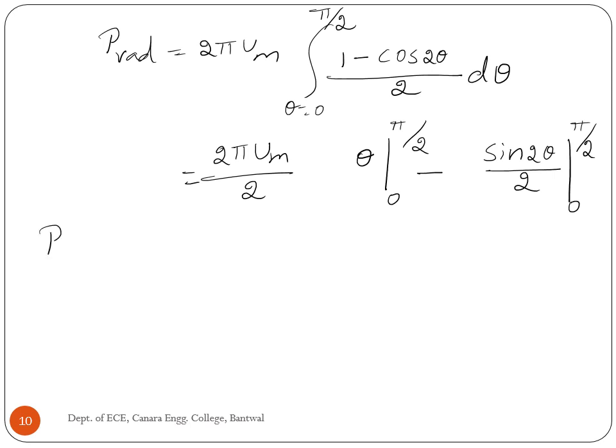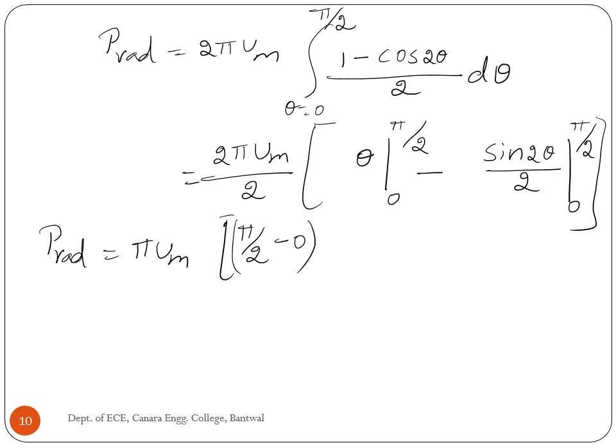So radiated power is equal to pi Um times theta, pi by 2 minus 0, and minus of sin pi by 2 minus sin 0 by 2.